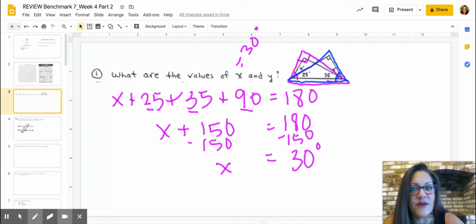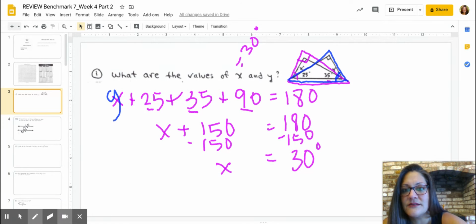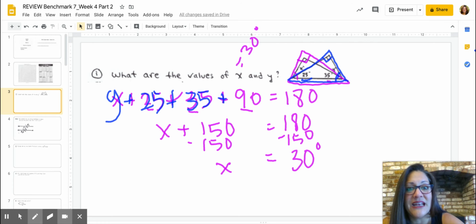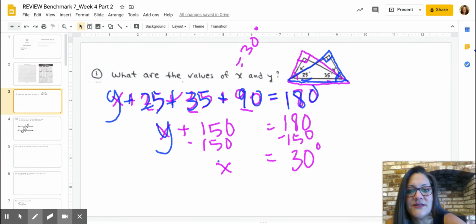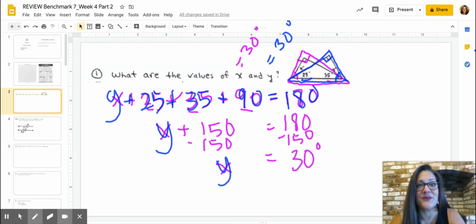So we have a y, put it here, plus 35, plus 25, plus this triangle has a right angle also, and all of that equals 180. It's the same other degrees, so it's going to be the same thing. All I have to do is substitute in y. y also equals 30 degrees.